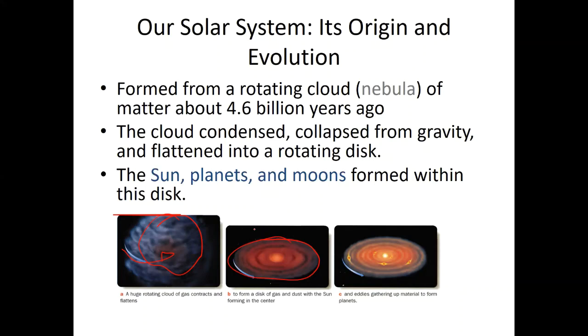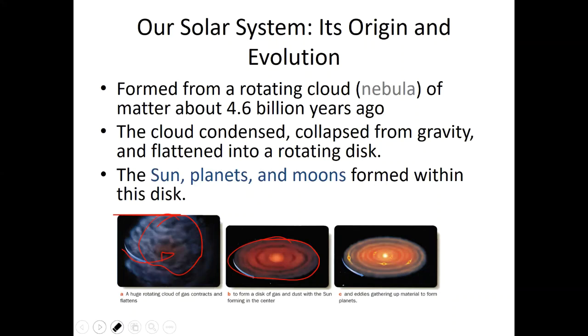Now what happens is the material in this cloud begins to condense. It begins to aggregate because matter is attracted to other matter due to gravity. And so the lighter elements concentrate in the center, and they all collide and condense to form a large ball of hydrogen, which is our sun. Right?